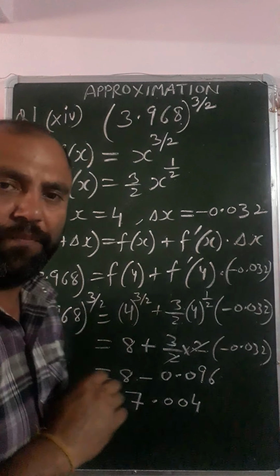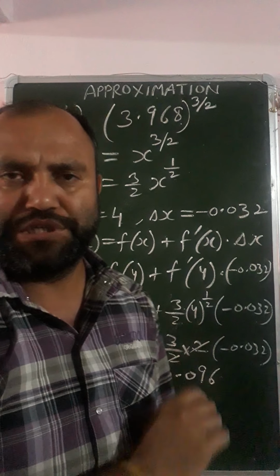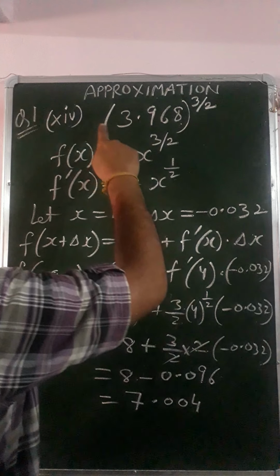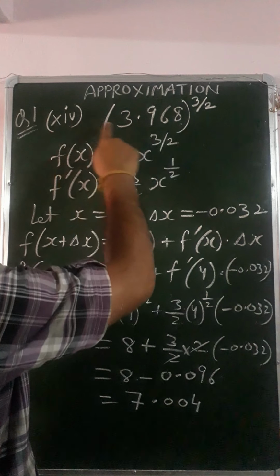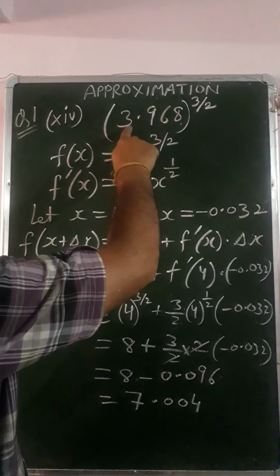Okay, now I'm taking one more question to solve, the approximate value of the 14th part of the first question, that is 3.968 raised to the power 3 by 2. As you see this is power 3 by 2, so I am taking the function f(x) equal to x power 3 by 2, and its derivative is 3 by 2 x power 1 by 2.